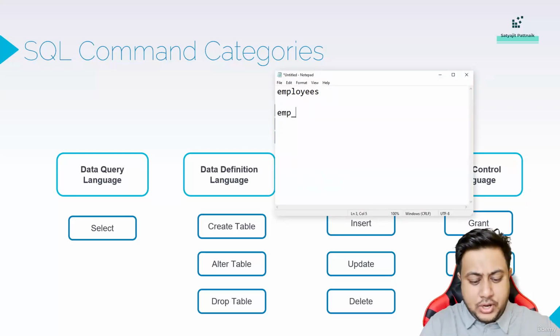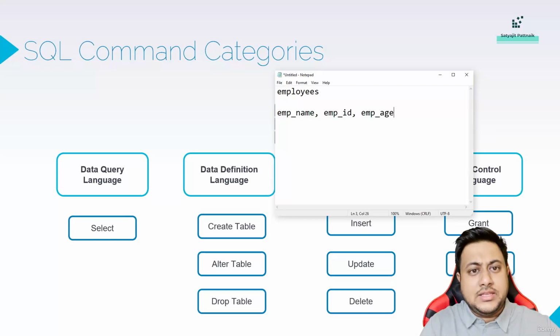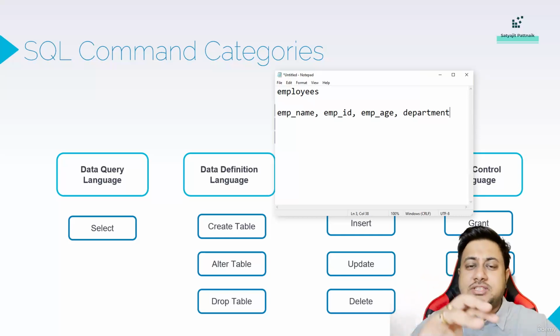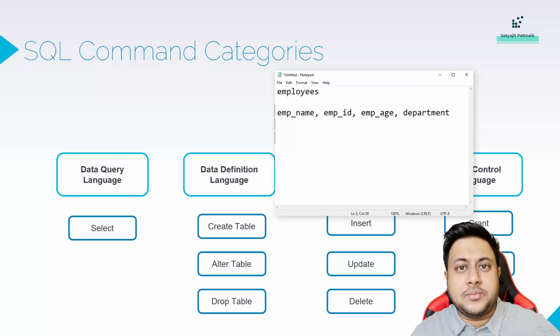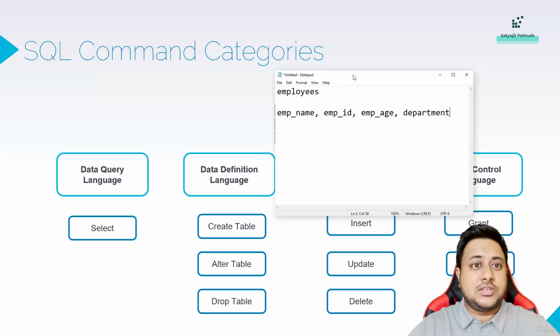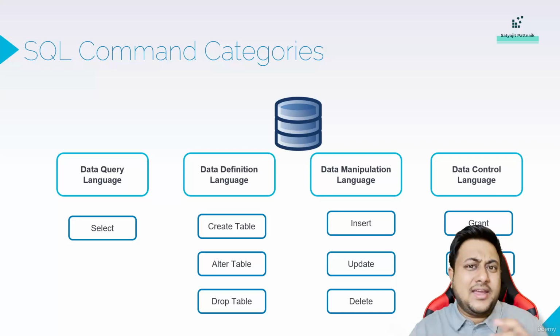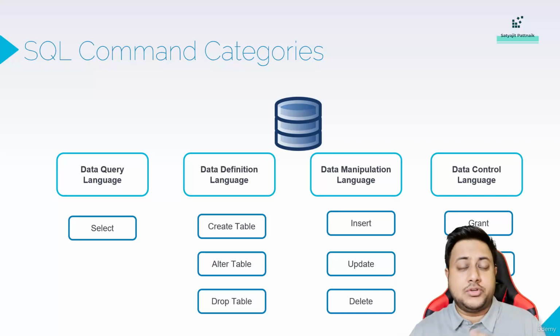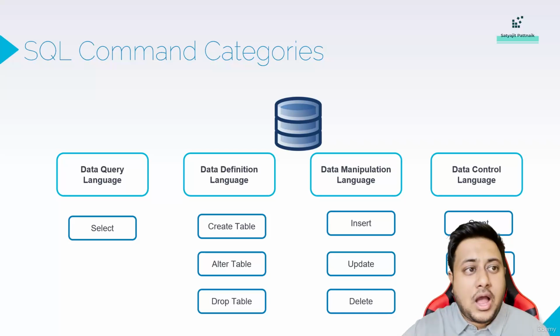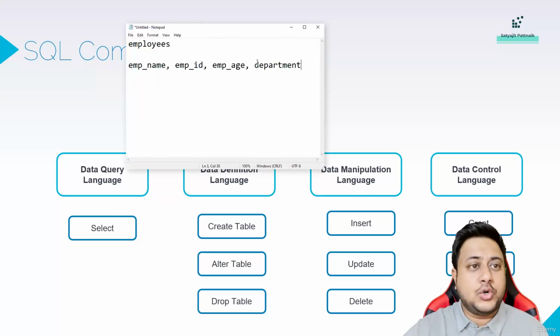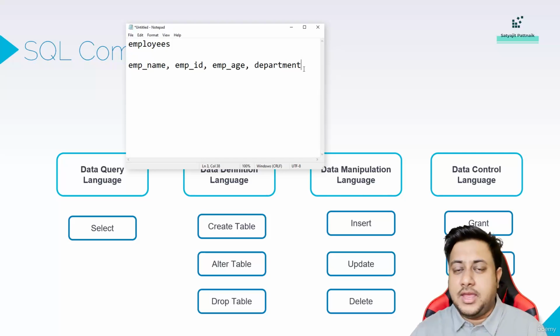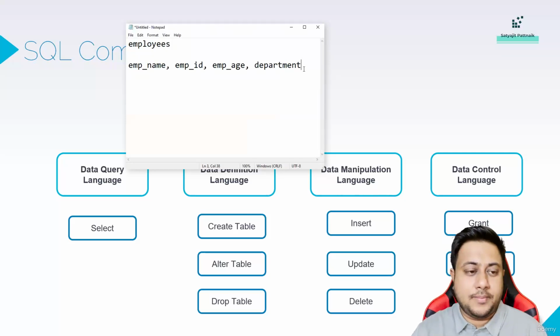It has employee name, employee ID, employee age, department, for example. Now this table is already created in your database. Now somebody asks you, hey, can we add a column to it? Of course we can add it. So how can we do that? In order to do that, you have to use the alter keyword. Alter table, and then the rest will be the expressions which I will be teaching you.